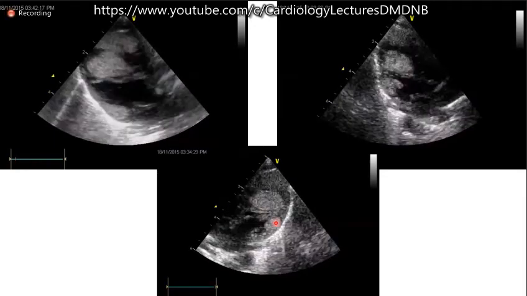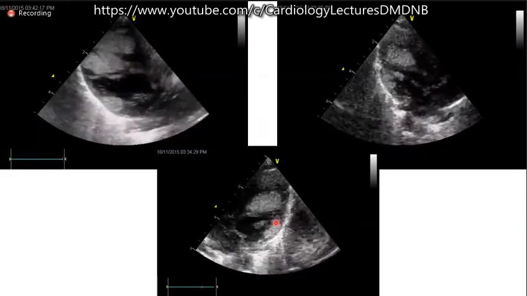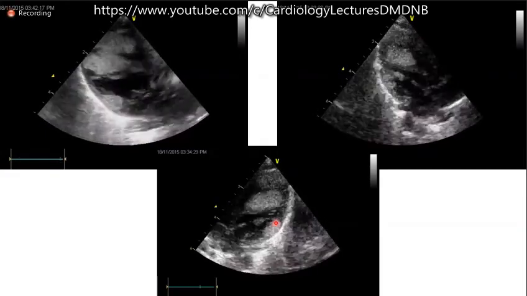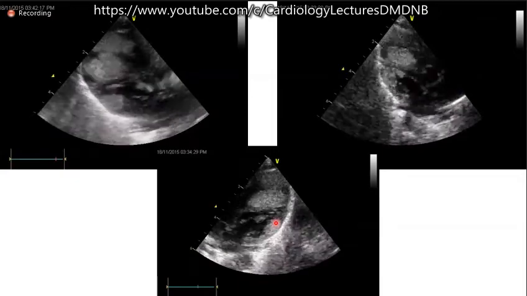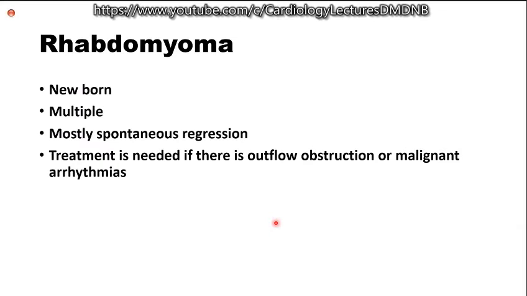The most important point is that if there is no arrhythmia and no mechanical obstruction, then you can leave the tumor mass, and over a period of time it usually regresses or completely disappears. Rhabdomyoma is usually in newborns, multiple, mostly with spontaneous regression. That's the most important point you should remember. Over a period of time, it can totally regress, so you have to reassure the parents.